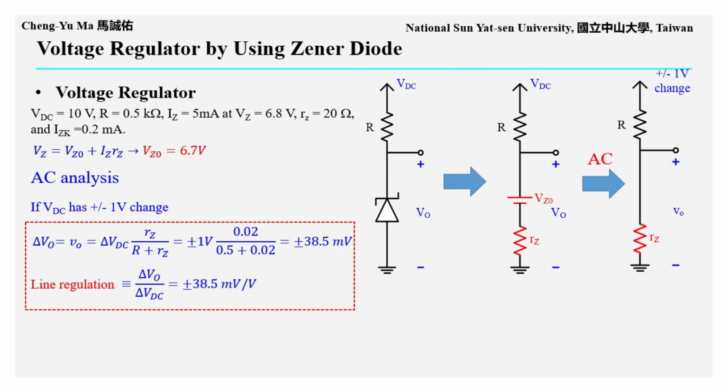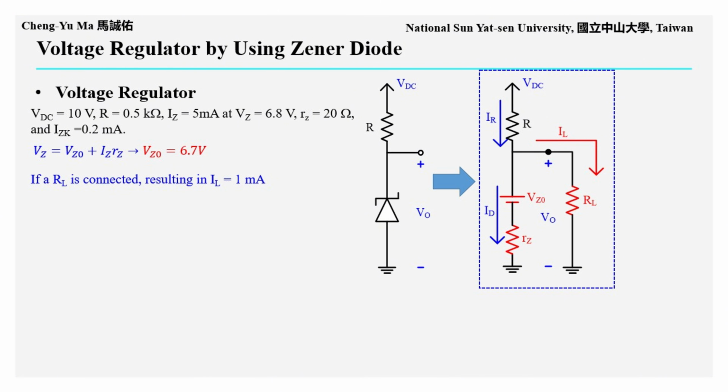In other words, when the supply voltage changes by 1 volt, the output changes by only 38.5 millivolts. This ratio is called line regulation. It is delta VO divided by delta VDC, or plus or minus 38.5 millivolts per volt. This means the supply instability is reduced to only 0.0385 times at the output.